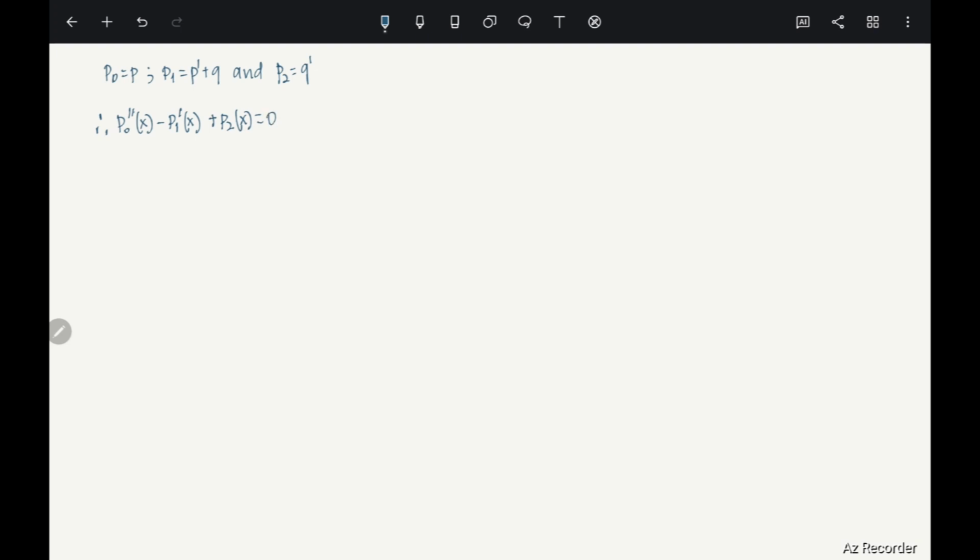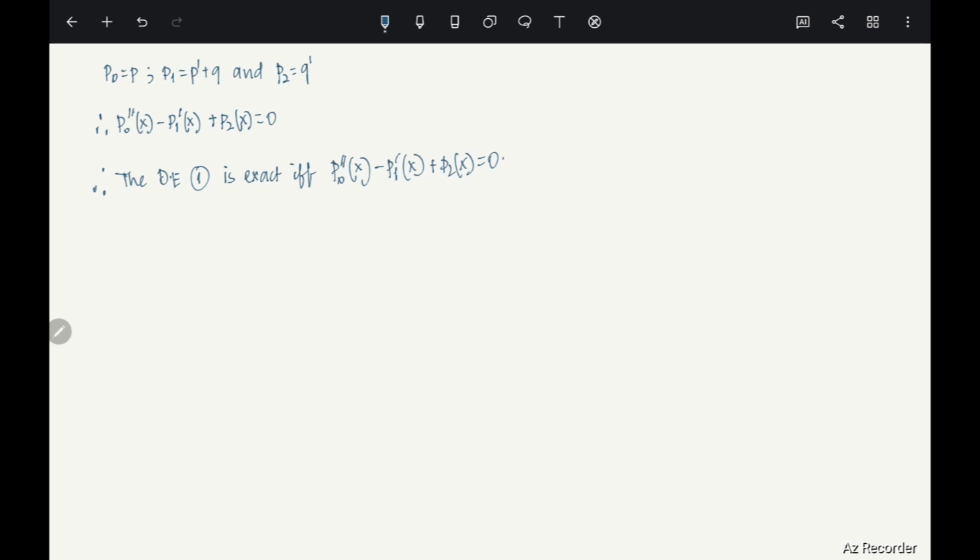Is this okay? So therefore the differential equation 1 is exact if and only if p naught double prime of x minus p1 prime of x plus p2 of x is 0. Is this okay? Yes? Okay. So this is the expression, right?